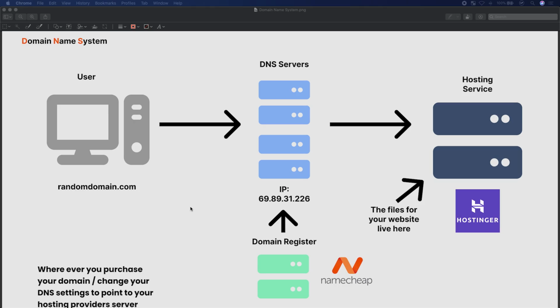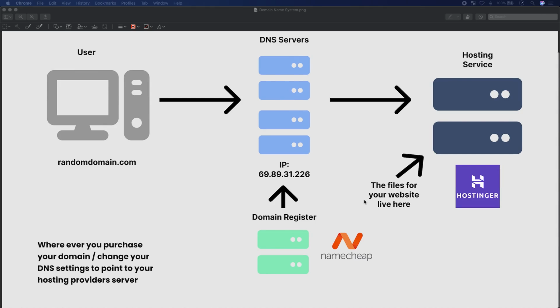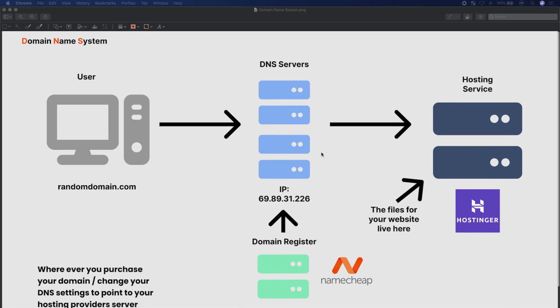So when you go purchase, say we're in that exact scenario, your hosting, let's say, for example, Hostinger, what Hostinger does is that they have something that's called DNS servers, okay? And you can kind of think of DNS servers as effectively working to some degree as a router via an IP address, okay?